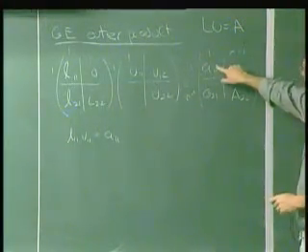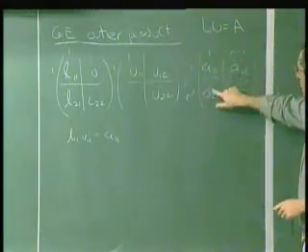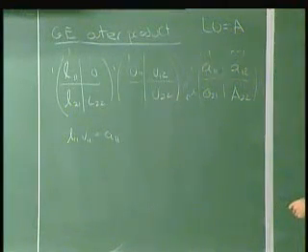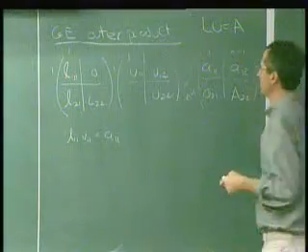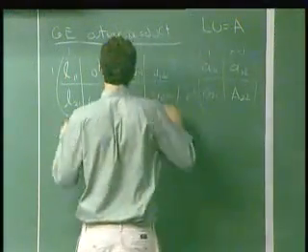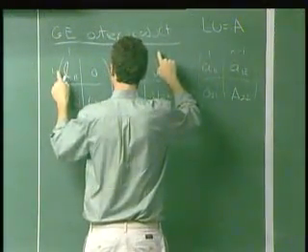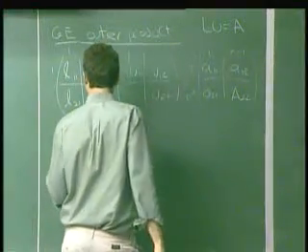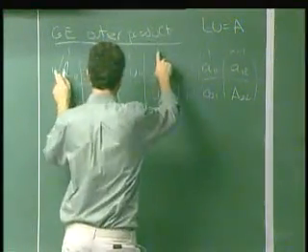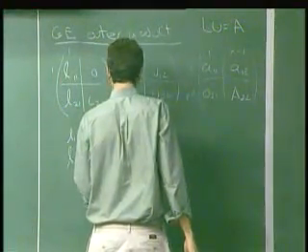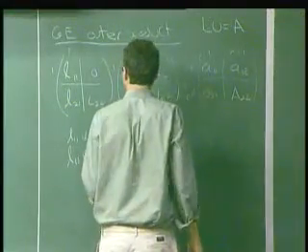So this is a scalar, this is a row vector, that's a column vector, and that's a matrix. So we've got L11, U11 equals A11. And then I have L11, U12 equals A12.